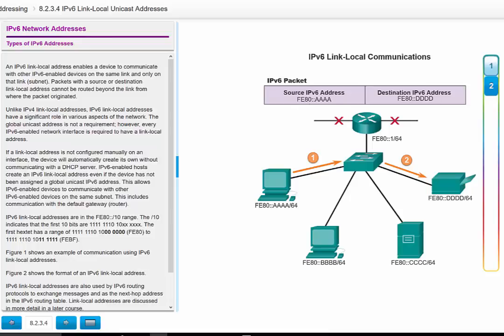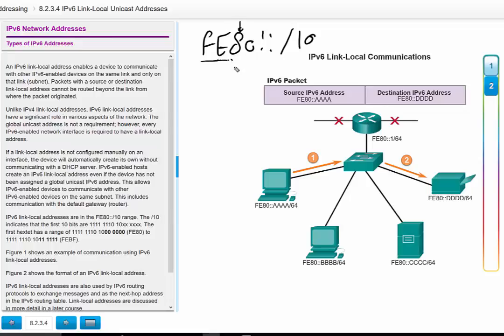And this range of IP address always starts with FE80/10. So the range or the class of IP addresses in this category starts with FE80 and then /10. So anything that starts with FE and 810 is here.